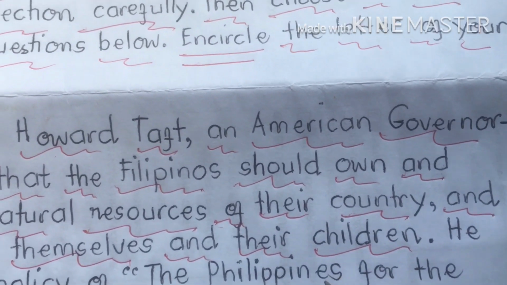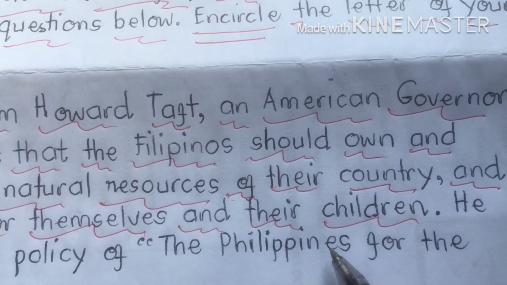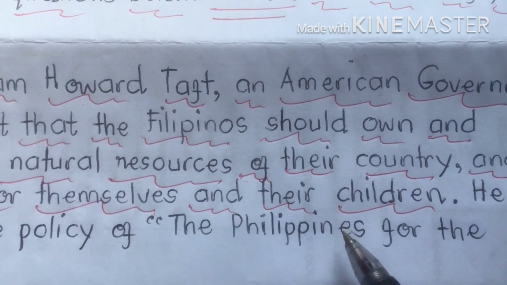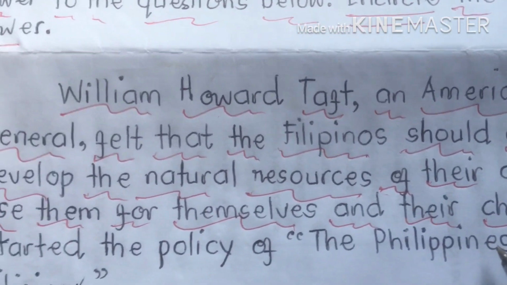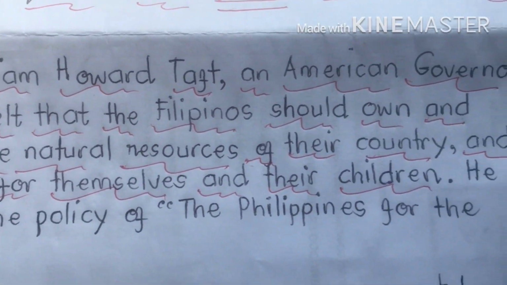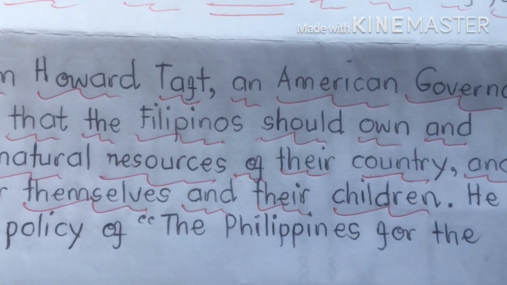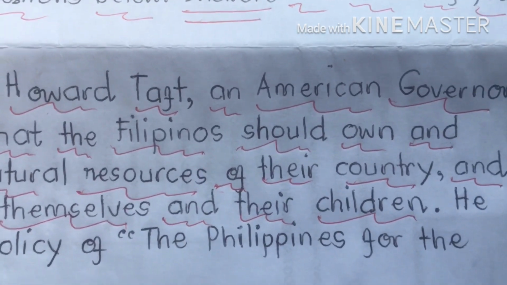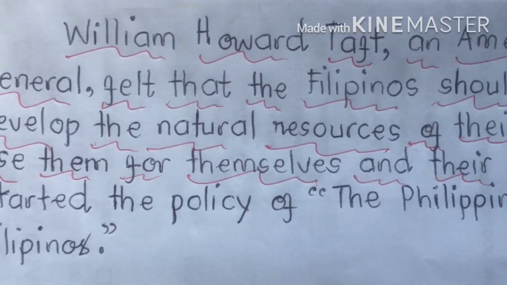That means to say, class, that Mr. William really wanted us Filipinos to own and develop our own natural resources, not only for ourselves, but for the future of a new generation, which is referring to the children.